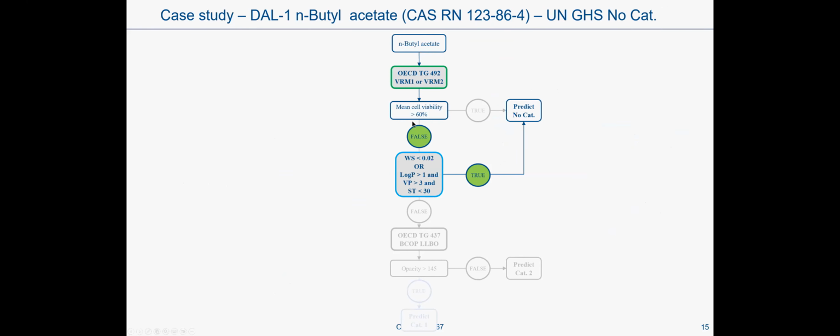Then I have a second example with butyl acetate, where we start with the RhCE. And the viability is again below 60%. So it means that according to the RhCE, the liquid is irritating.